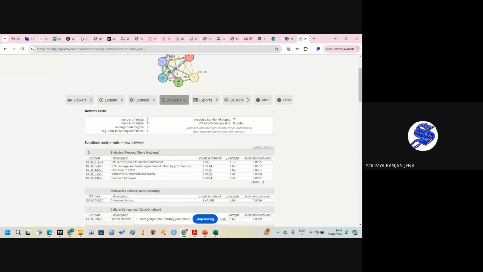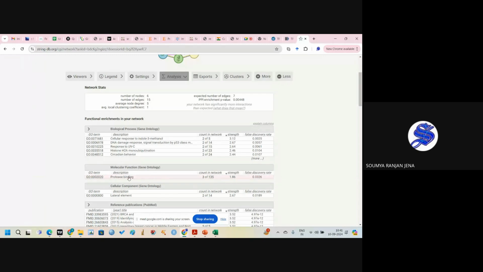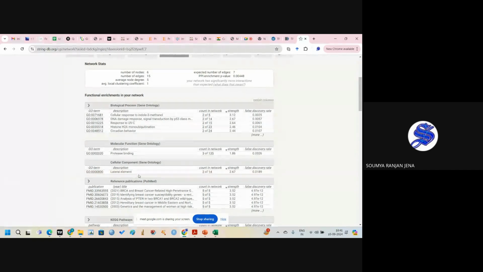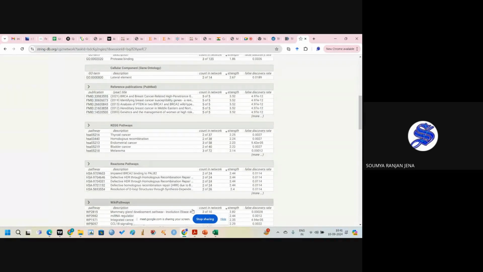These are related to p53 signaling. Then histone H2B monoubiquitination process and circadian behavior, molecular function is protease binding, and cellular component is lateral elements.